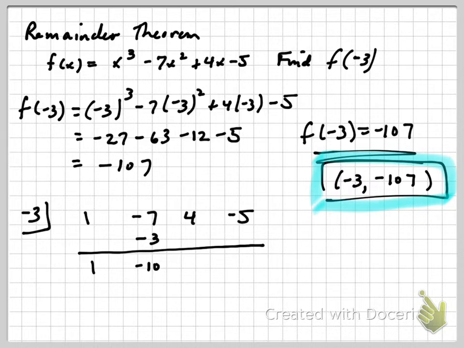Multiply those together and I get a 30. 4 times 30 is 120. Multiply the negative 3 times that, and I must have done something wrong somewhere. Otherwise, my whole idea just blew up in my face. So let's see, 1, negative 7, 4, negative 5. Did I plug things in correctly?